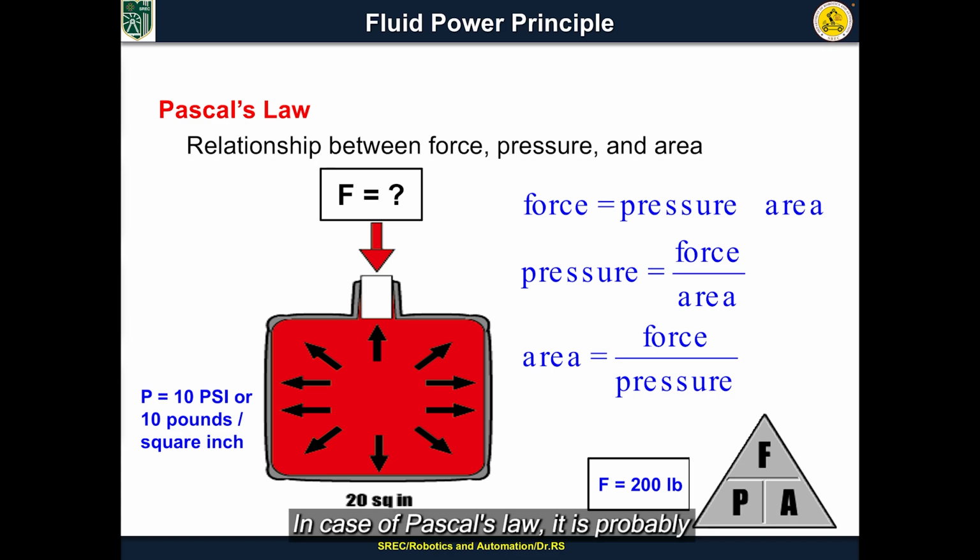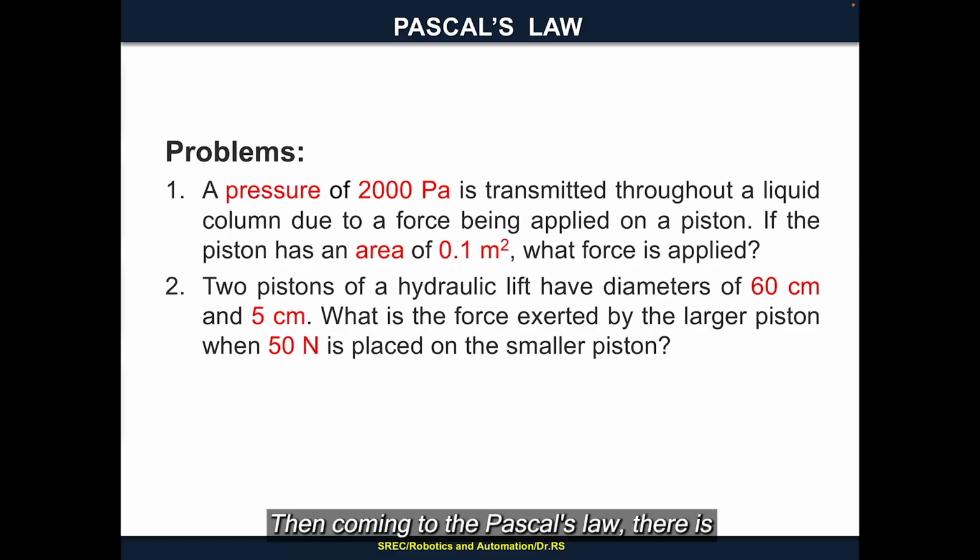Pascal's law applies to a confined fluid that is transmitting power, modifying motion, or multiplying force. In Pascal's law, a three-way relationship exists between pressure, force, and area. Pressure is equal to force divided by area. That can also be modified, such that force is equal to pressure multiplied by area, or area is equal to force divided by pressure.